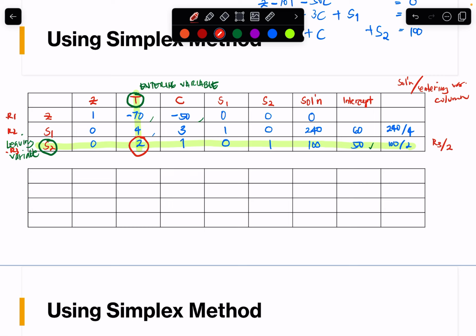I'm just going to rewrite the Z, T, C, S1, S2, and the solution. Since our entering variable is T, the leaving variable S2 will be replaced by the entering variable. So instead of writing S2 here, we will write T there. And I'm just going to copy.